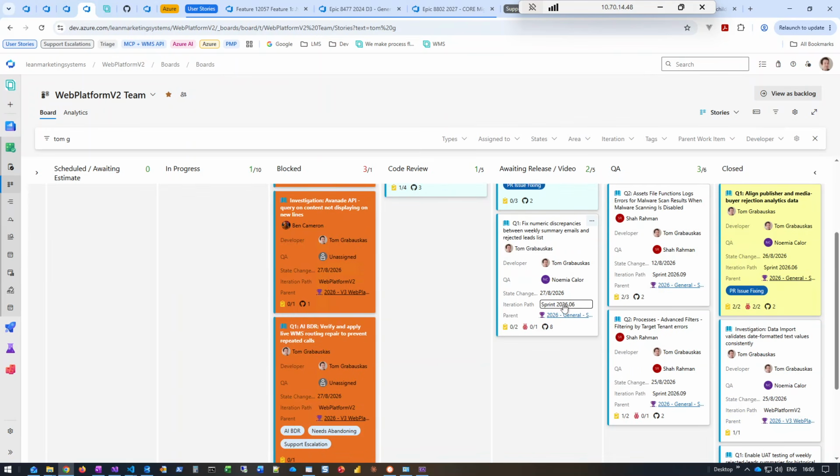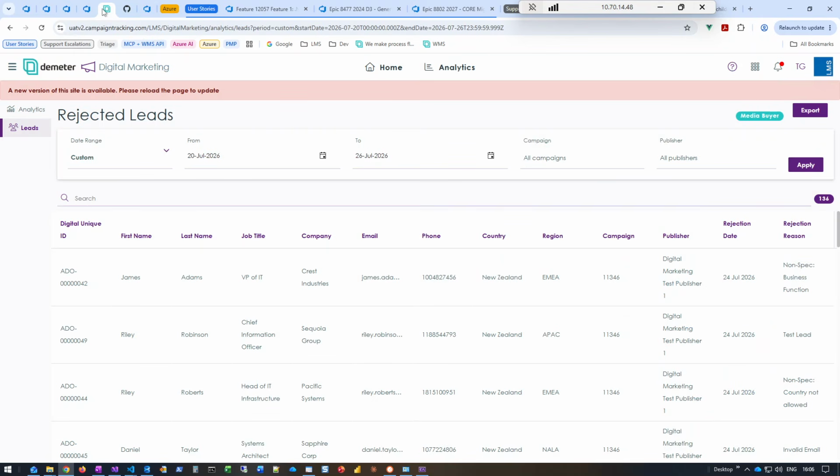This is the last 26.6 issue I've been working on. So we've had a lot of issues in terms of getting the numbers right for various combinations of campaigns and publishers and media buyers, publisher users across different views and across emails. But I think we are there now.